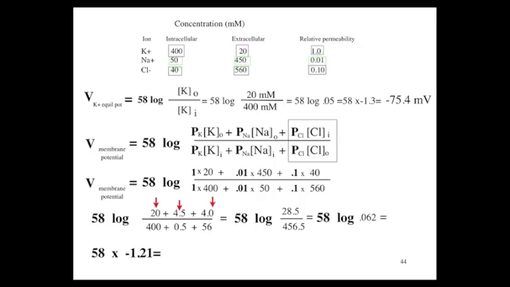And then we're going to add them up. So 20 plus 4.5 plus 4 is 28.5. And 400 plus 0.5 plus 56 is 456.5.